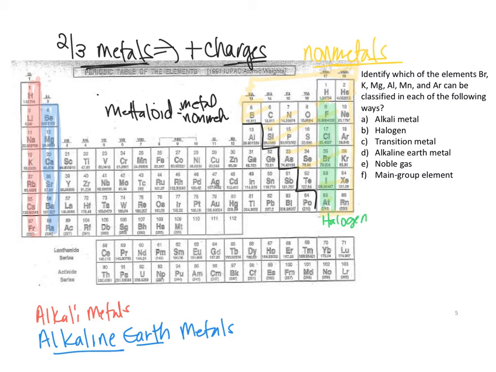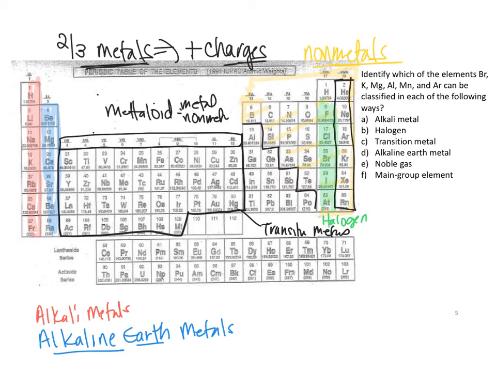Your transition metals. Okay, these are your transition metals. They're the B groups. All this here is transition metals. And then noble gas would be here. These are your noble gas. These are your main group.